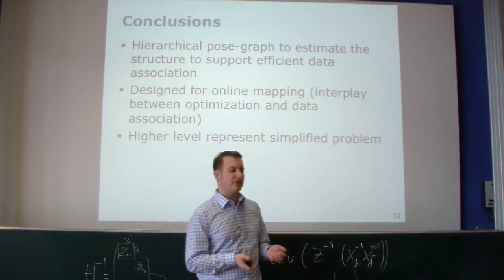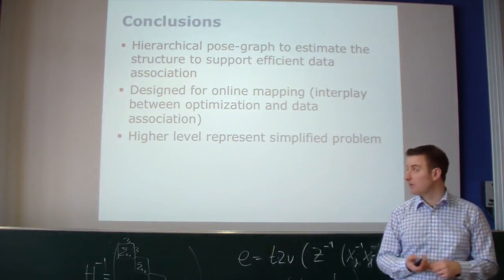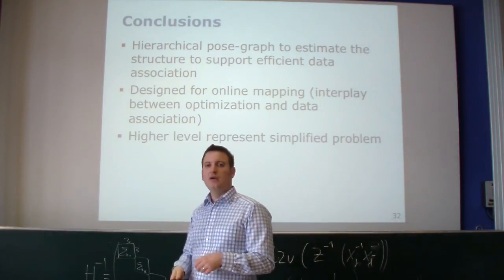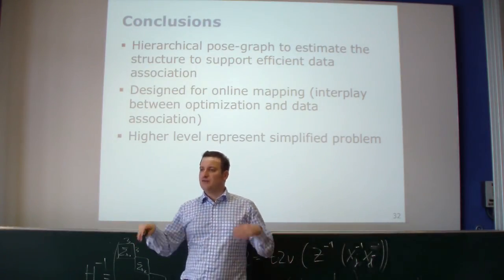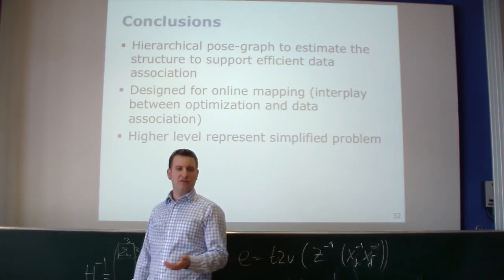And that's why it's interesting, especially for online mapping applications. Even if you just do offline mapping, just the optimization, it can be beneficial if you have bad initial guesses and local minima.